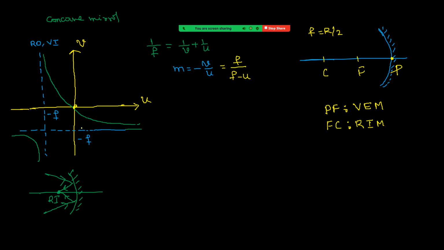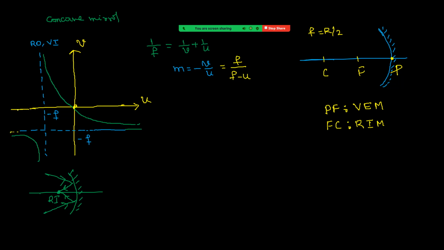Okay. Next, see one more thing I can say. As U value keeps on increasing, meaning U tends to minus infinity, V value tends to F. See the graph carefully.